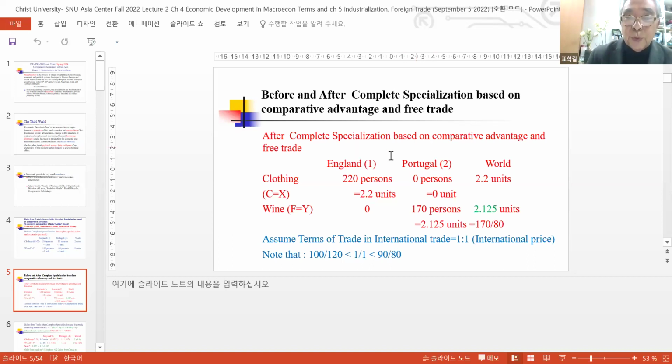Then we have a two by two matrix. Now, the Soviet Union could be an absolutely disadvantaged nation compared to the non-Soviet Union, all other countries.